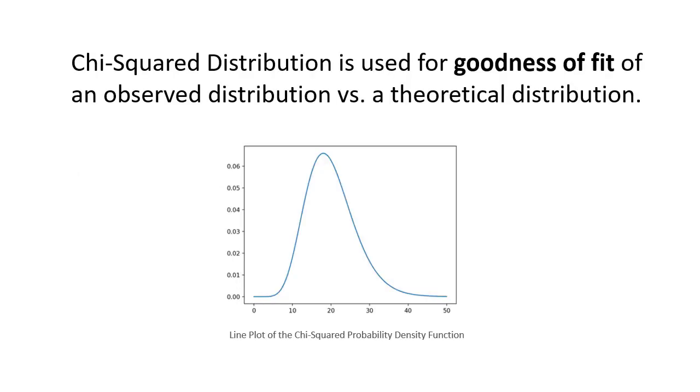The chi-squared distribution is a term in statistics and probability theory. It's used for goodness of fit of an observed distribution versus a theoretical distribution. The chi-squared distribution is also used in statistical methods that are drawn from a Gaussian distribution to quantify the uncertainty. For example, the chi-squared distribution is used for the chi-squared statistical test for independence.